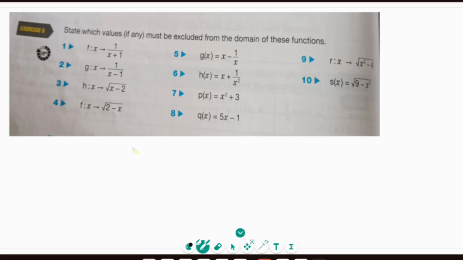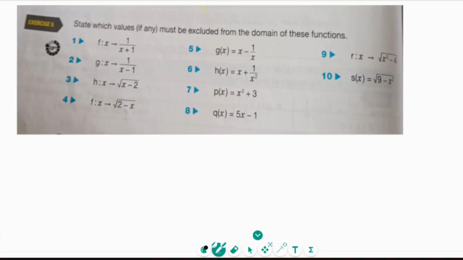So question 5. X here, this can take any value. Here x cannot be 0, so x equals 0 must be excluded from the domain. 6. Similar here, 0 squared would give you 0. Okay, question 7.